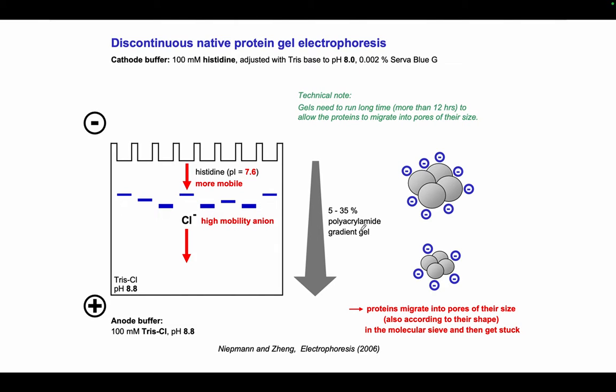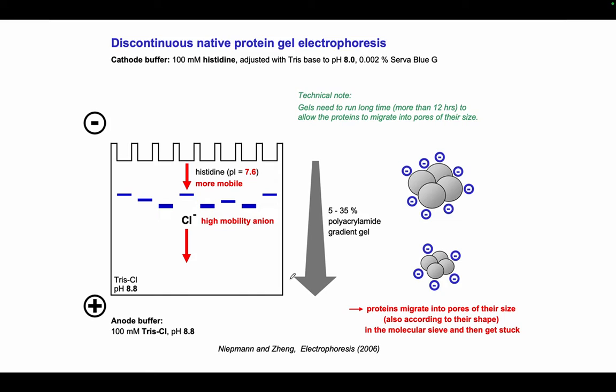Okay, one other thing we can use to separate these proteins very well is to cast something called a gradient gel. Now, you might be familiar with, say, casting a 10% gel or a 12% gel, where the acrylamide percentage in the whole gel is equal throughout. Right? You're just making one solution, pouring it into the gel cassette, and it has the same percentage throughout.